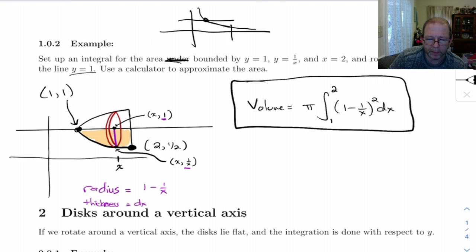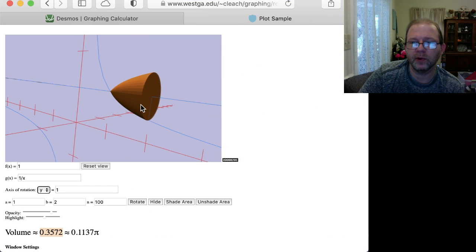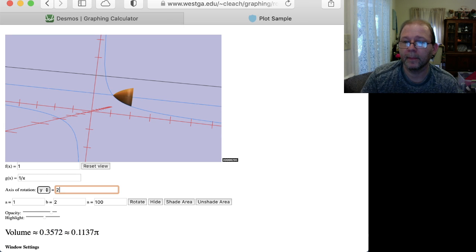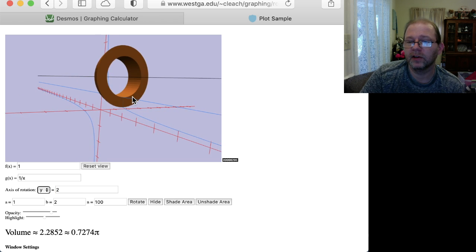Before we leave this example, I want to play with the computer a little bit. Because this is rotating around the line y equals 1. What if we rotated around the line y equals 2? Well, if we rotate around there, we're going to get this big thing.